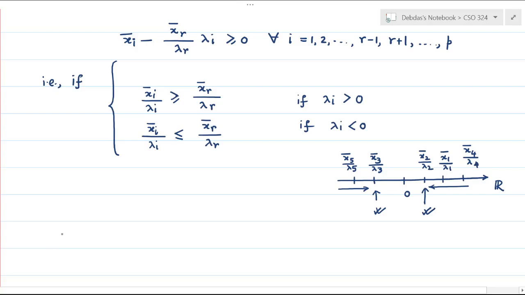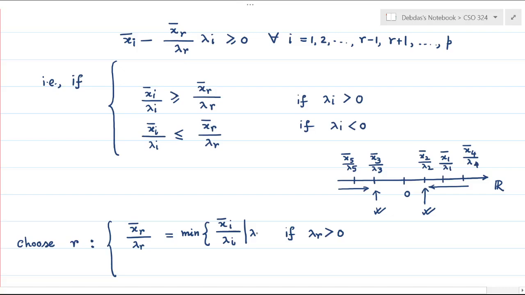So now you choose r such that x r bar divided by lambda r is equal to, if lambda r is greater than 0, the minimum of all xi bar divided by lambda I such that lambda I is greater than 0, and you choose x r bar divided by lambda r equal to the maximum of xi bar divided by lambda I with lambda I less than 0, if lambda r is less than 0. Fine.